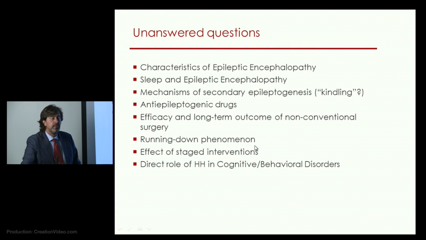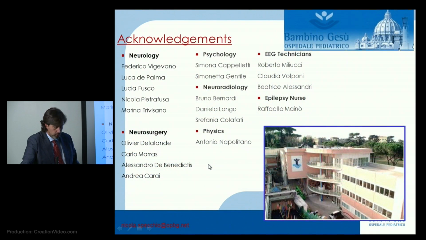Some questions still remain unanswered, but some other things are due. The running down phenomenon is something that is very interesting to understand, as well as the mechanism of secondary epileptogenesis, and also the direct role in the cognitive and behavioral disorder. And I thank you so much for your kind attention.